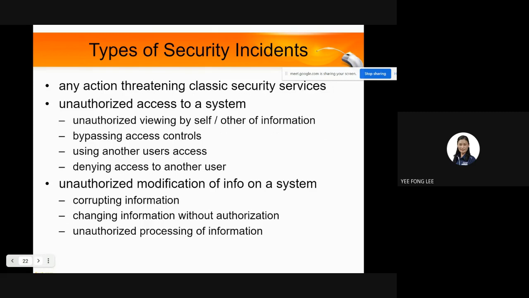Unauthorized access to the system by a person includes someone not authorized accessing the information, or someone accessing information and passing it to another person who has no authorized role in viewing it, or maybe using another user's ID and password for their own purposes. Unauthorized modification of information on a system by a person includes the intention to corrupt information which could be of value to another person, maybe attempting to modify information or resources without authority, or processing information in an unauthorized manner. So these are the types of security incidents.